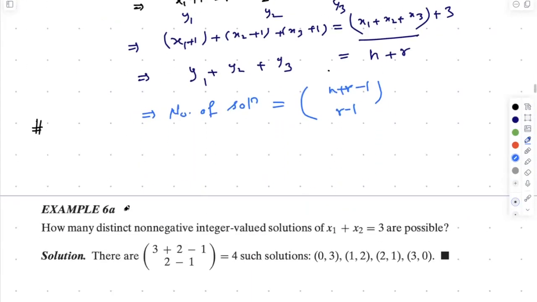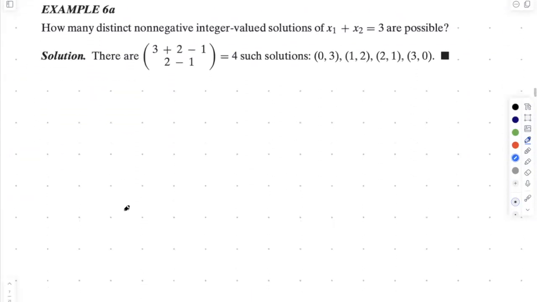Let us just try to apply the same to some of the questions. The question here is, how many distinct non-negative integer solutions are there for x1 plus x2 equals 3? Non-negative integer means the solution may be bigger than or equal to 0. So whenever you are having x1 plus x2 equals 3, n is going to be 3 for you. How many variables are required? 2 are required.